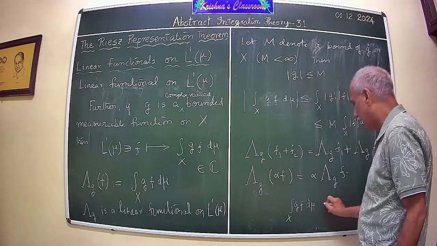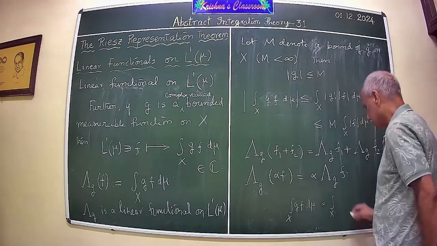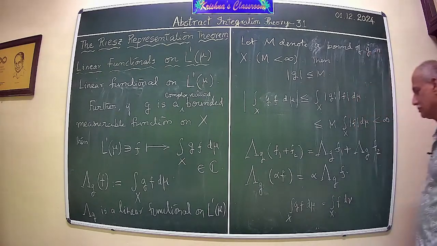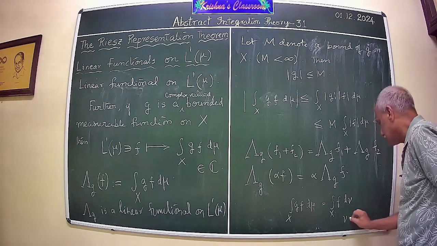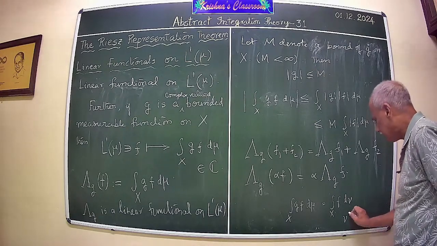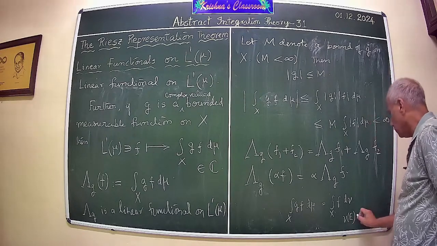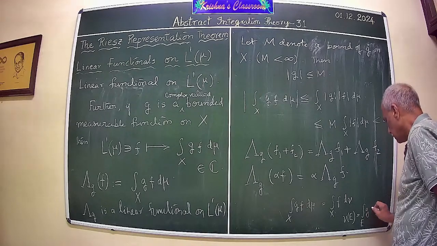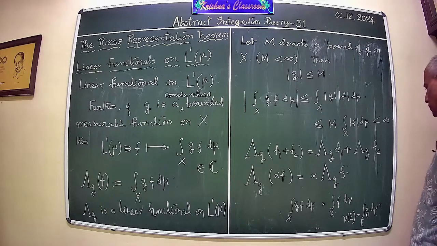Can be conceived as integral over x, by defining mu as the measure of a measurable subset, mu as integral over t. Okay.